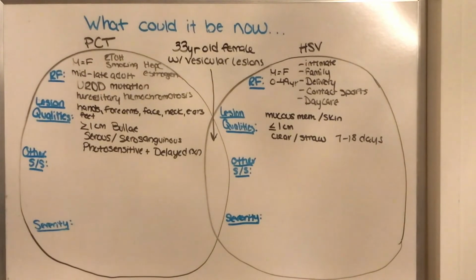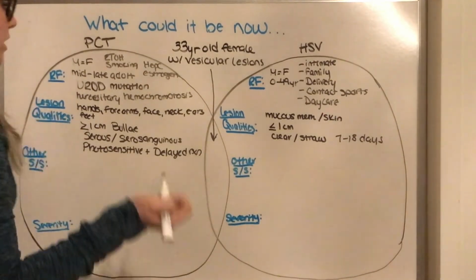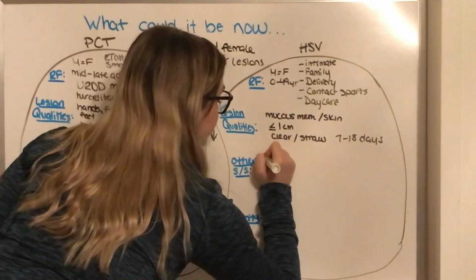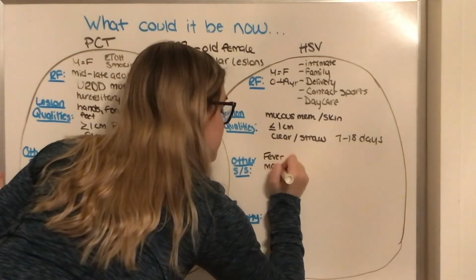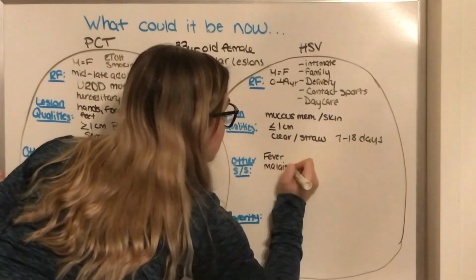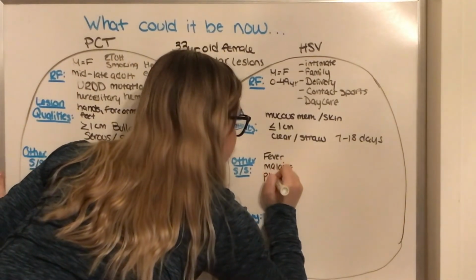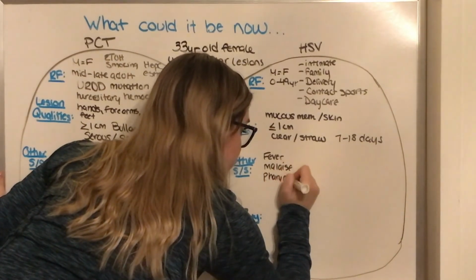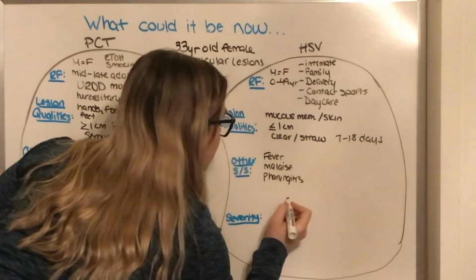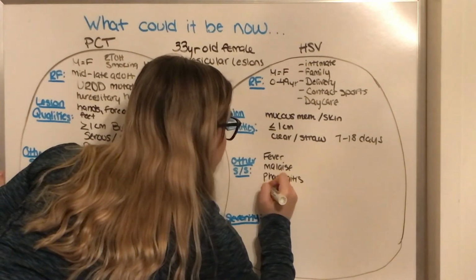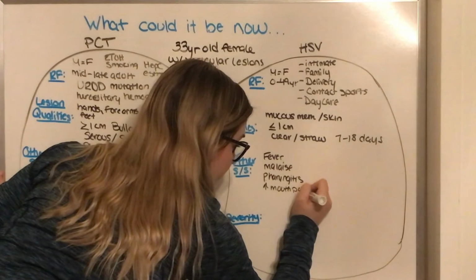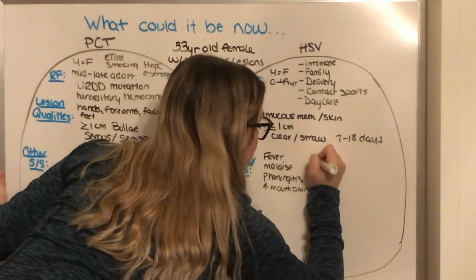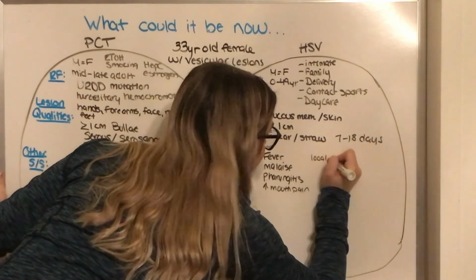Other signs and symptoms that can help us differentiate and prove that it's HSV would be fever, malaise, pharyngitis, which usually comes with increased mouth pain, and local lymphadenopathy.